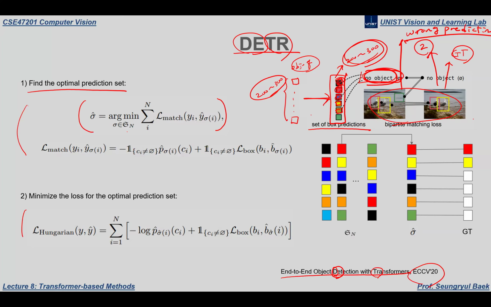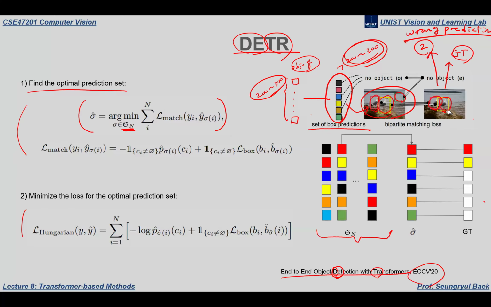So what they do is this sigma n means all the permutations. This is sometimes non-trivial to understand. So this is the set of predictions, and when visualizing in the image space, we humans can certainly see this should be mapped to here, and this should be mapped to here, and this should be mapped to no object, okay?